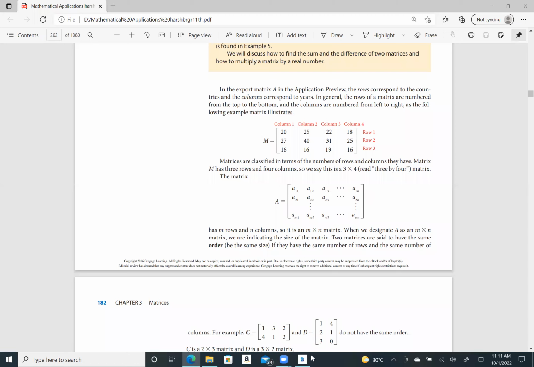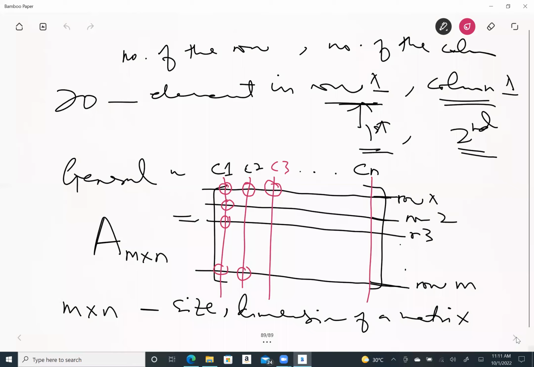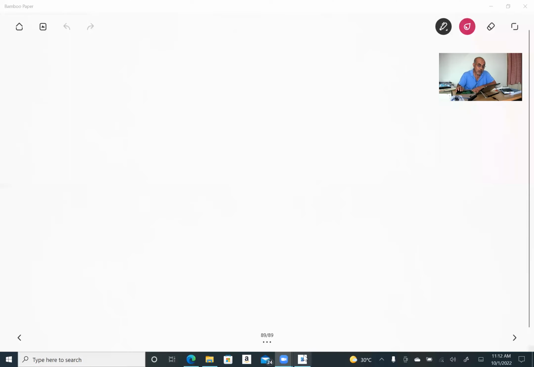All right. So in short, you have M rows. So for the row, you have M of them.